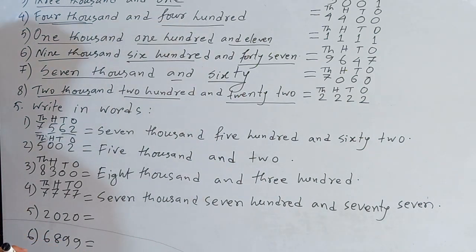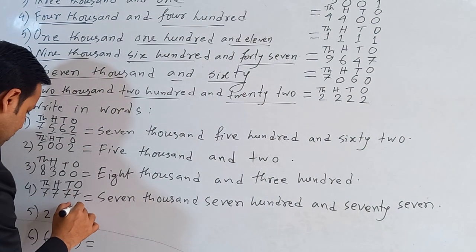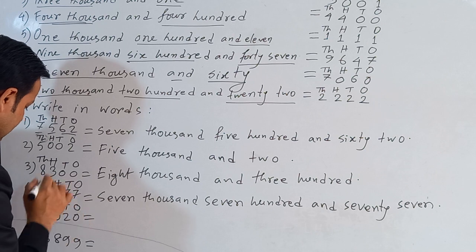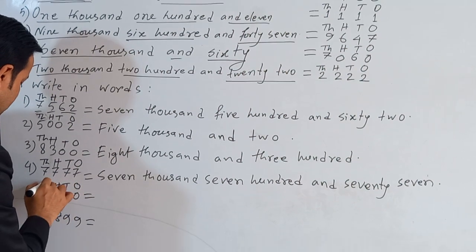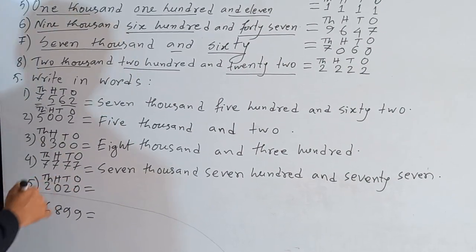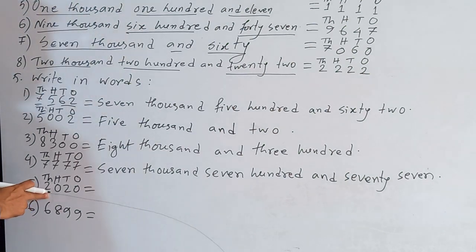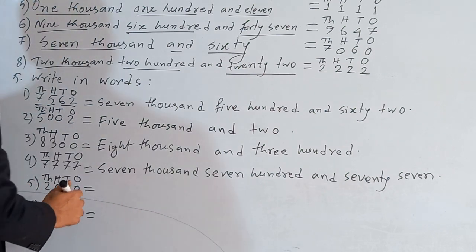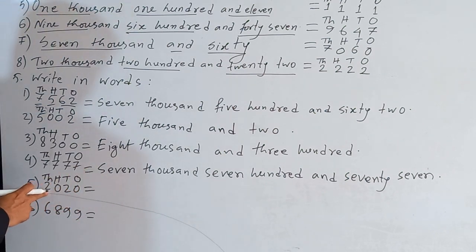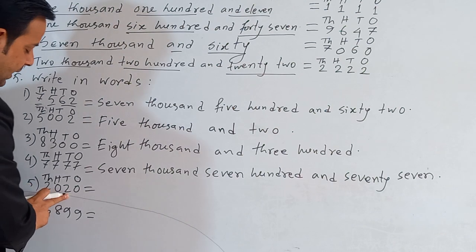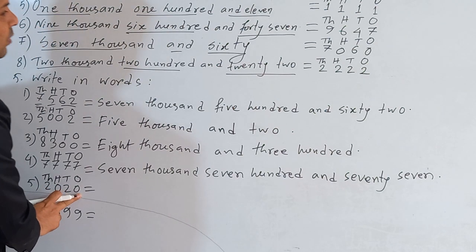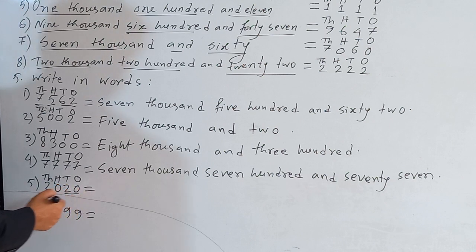Now 5. Here indicate the position of the digits: ones, tens, hundreds, thousands. So we can read from thousands. Here 2 is in thousands, so this should be 2000. 0 is in hundreds, so no hundred here. So we can read this as 2000, and here 2 is in tens position, 0 is in ones position. So this means 20.